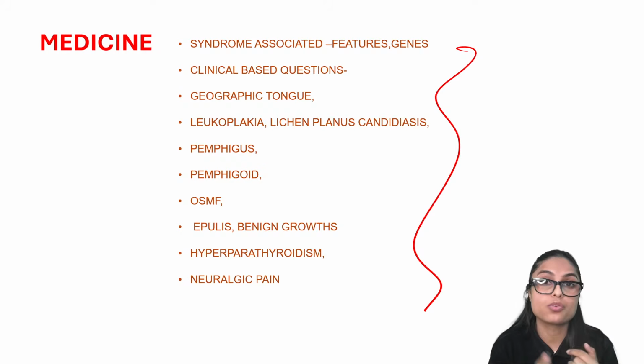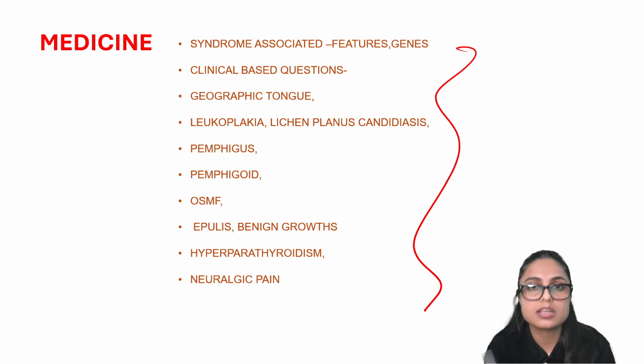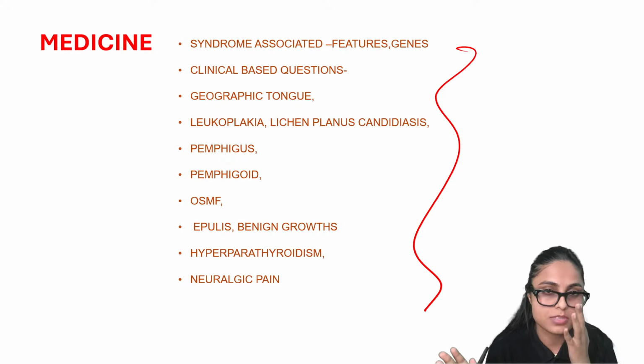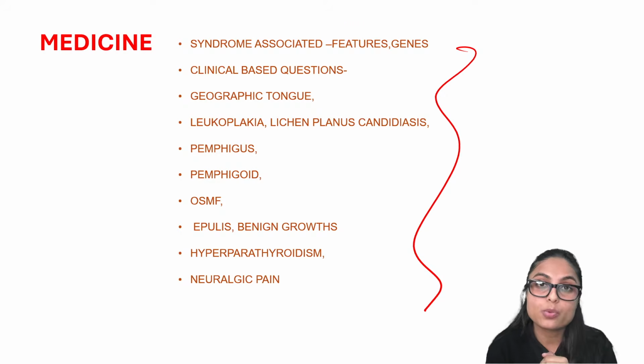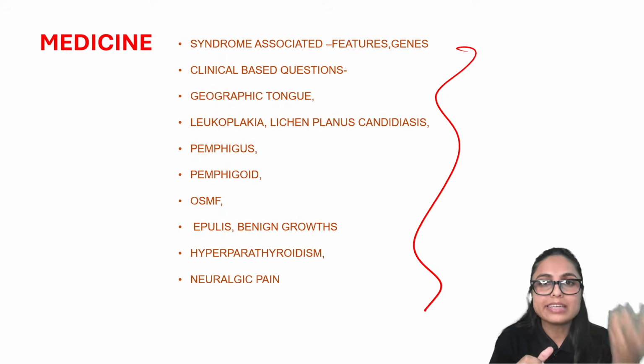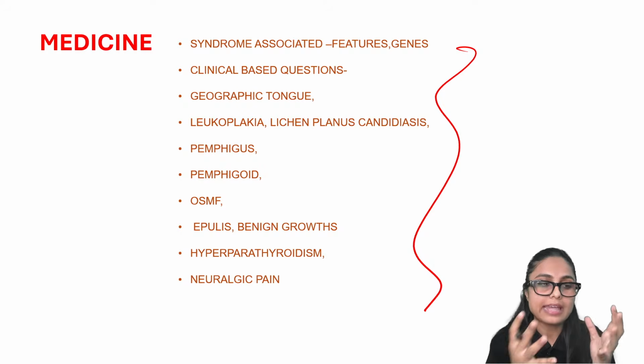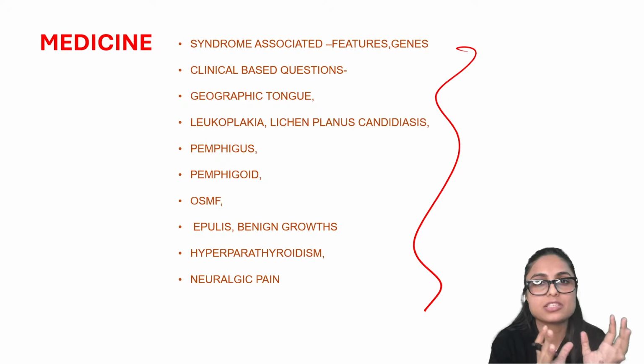You should know syndrome based clinical features or genes associated with different syndromes. Then clinical based questions, where they combine clinical features, radiographic features, and histopath features together, and they give you the big clinical based question.